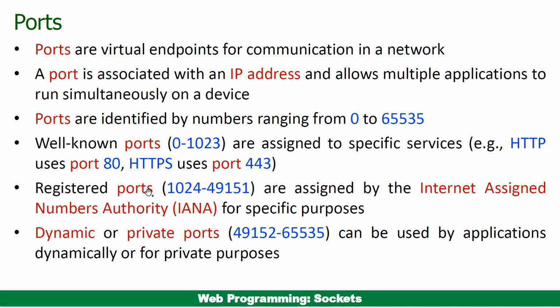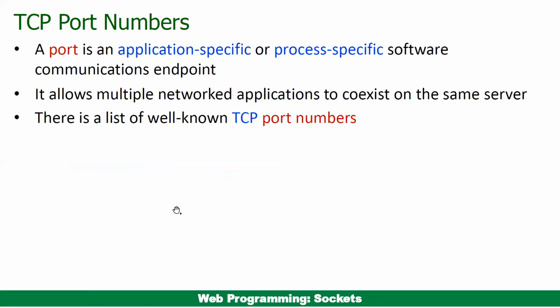Then registered ports 1024 to 49151 assigned by the IANA for specific purposes. The next category, dynamic or private ports, ranges from 49152 to 65535. These are all the categories of port numbers with their range.